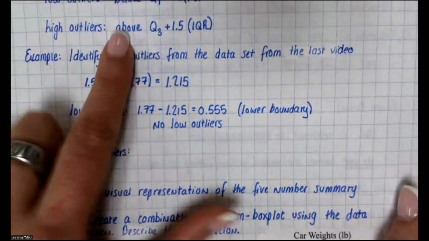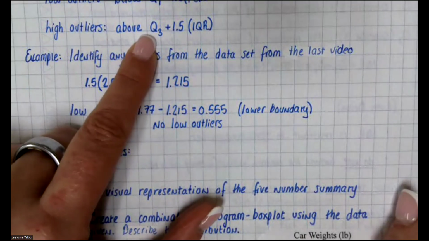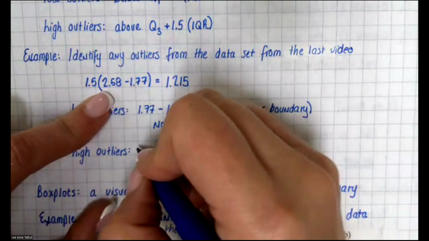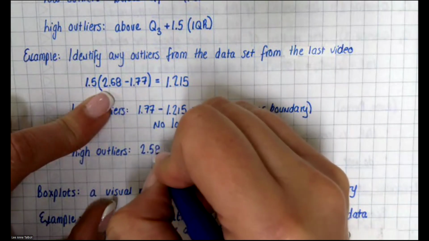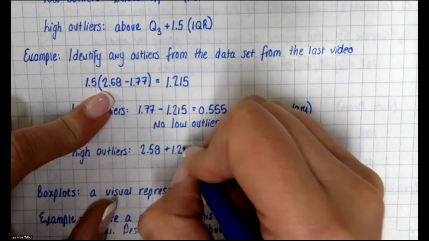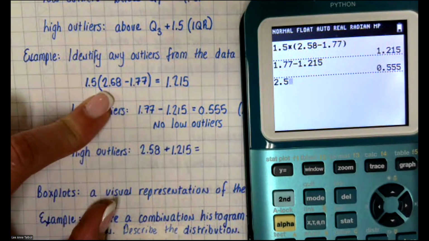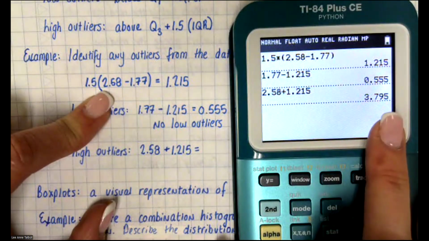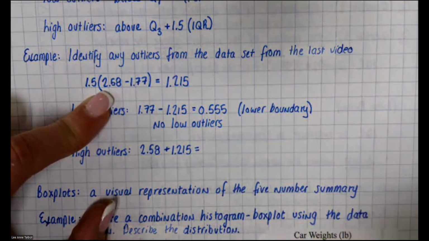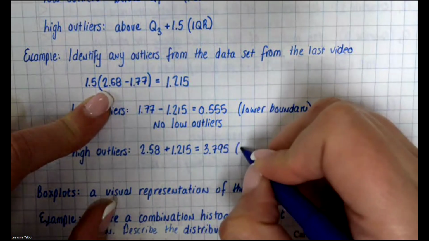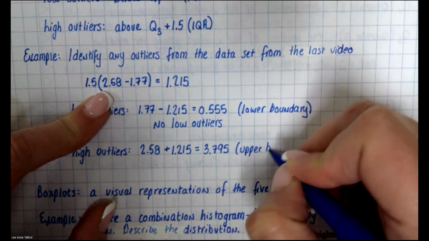Okay, high outliers are above quartile 3 plus 1.5 times IQR. Quartile 3 was 2.58. 3.795 is our upper boundary.